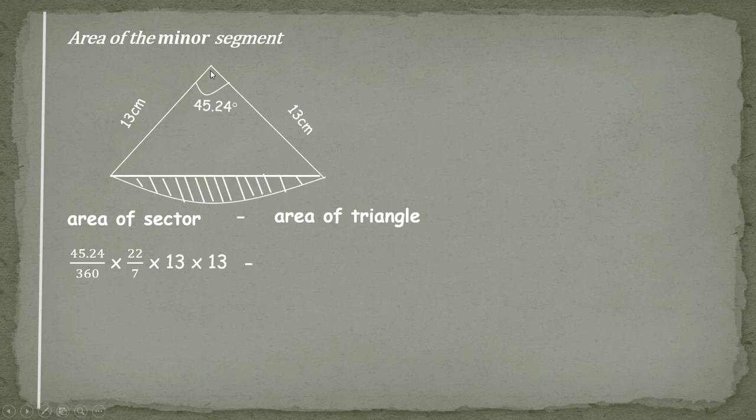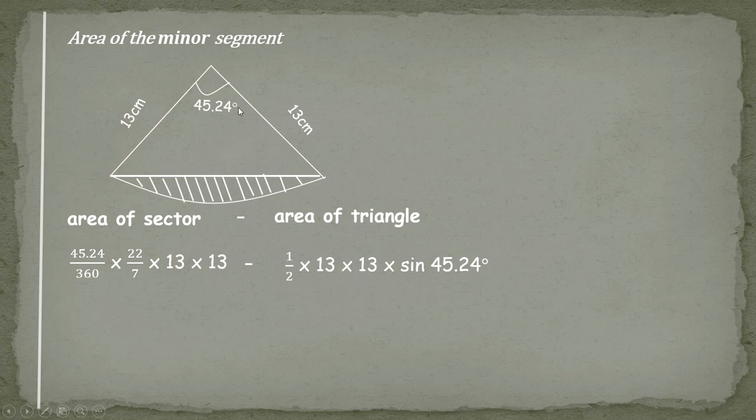Let me repeat. Area of a triangle, if I have two sides and the angle between them, will be equal to a half times 13 times 13 times the sine of this angle, which is 45.24 degrees.